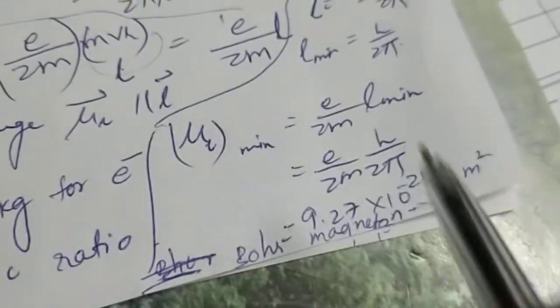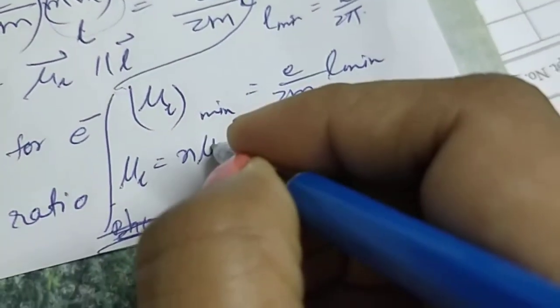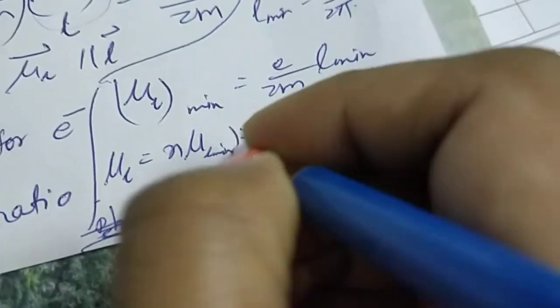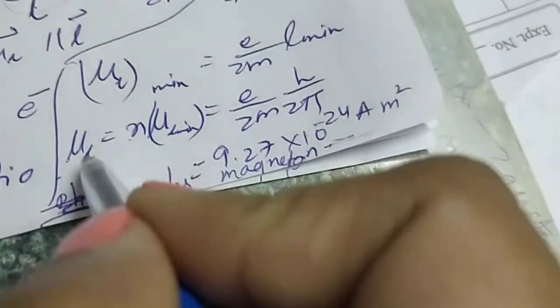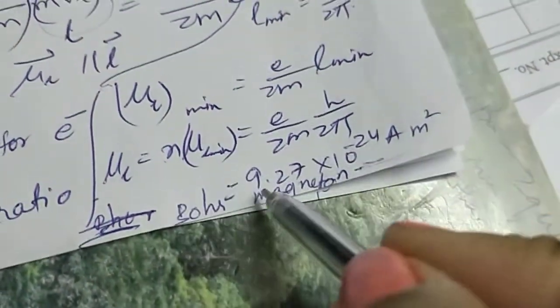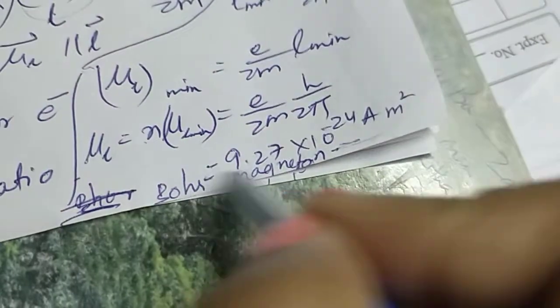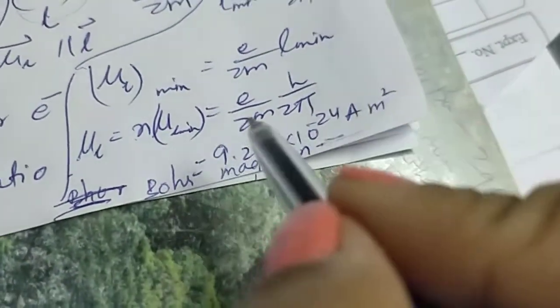So now mu L will be equal to n into mu L minimum, that means n into the Bohr magneton. If you remember this value, you can find mu L for an electron in any orbit. So just remember this Bohr magneton. The Bohr magneton is the magnetic moment of an electron in the first orbit, for n equal to 1.